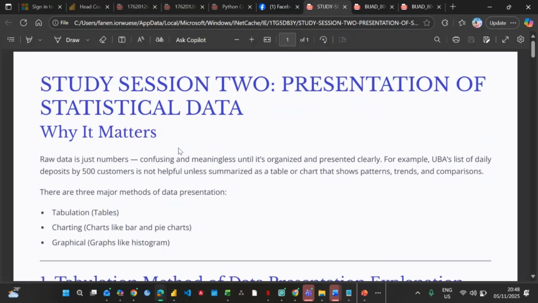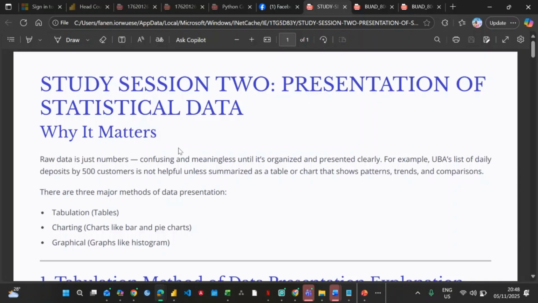Now, when you're talking about data presentation, what it means is how do I present data for someone that is not a statistician, or for the stakeholders. When you're talking about stakeholders in an event or in a project, most of the time the major stakeholders are not people that have the knowledge of data analysis or statistics.